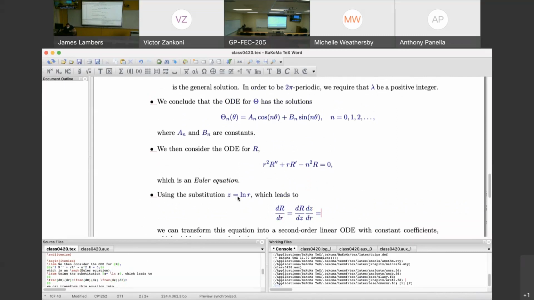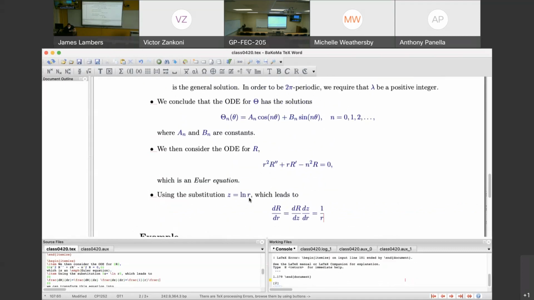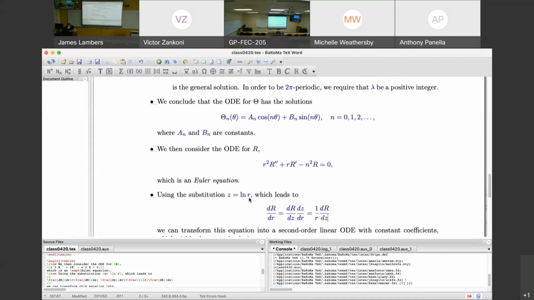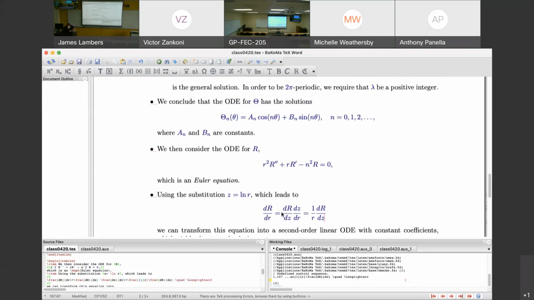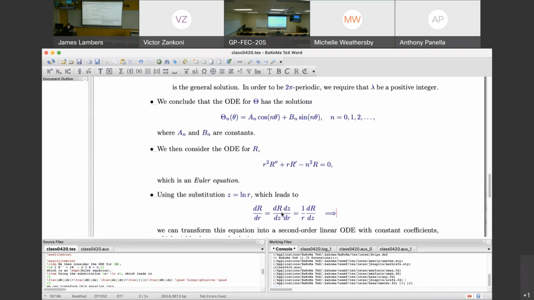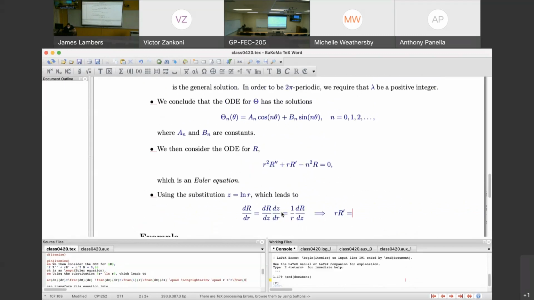So dz dr, of course, will be 1 over r. In other words, little r, capital R prime, is equal to dr dz.